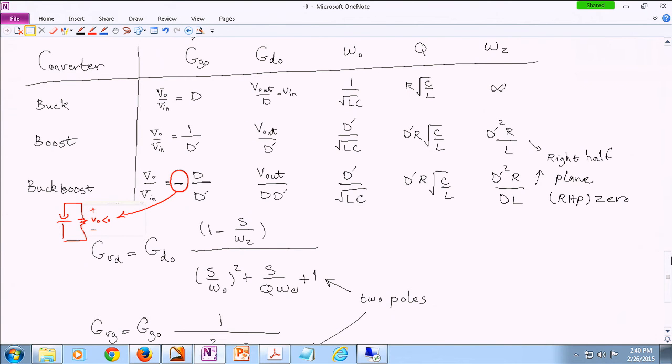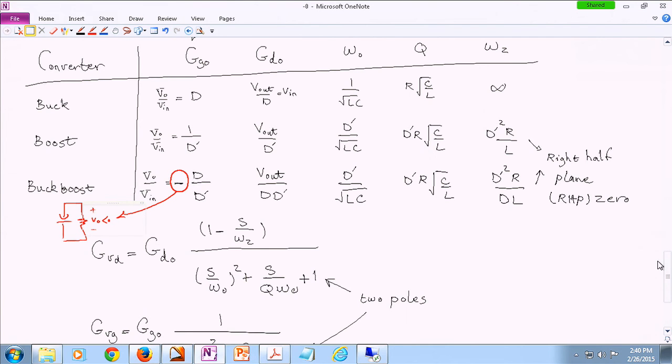Now, before we get to designing a compensation network, let me talk a little bit about this right half plane zero. If you at some point hear that the boost converter or the buck boost converter has an instability problem, it all goes back to this omega z, which is a right half plane zero.